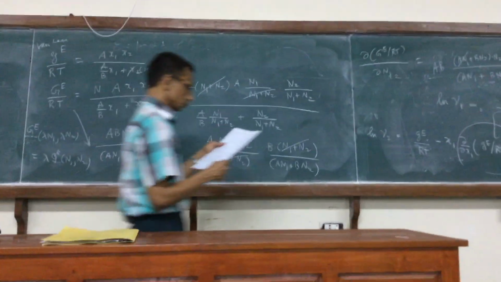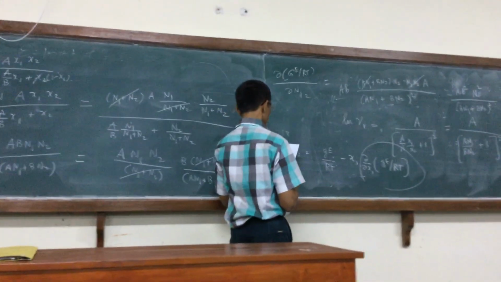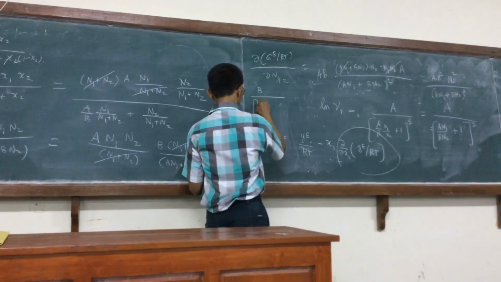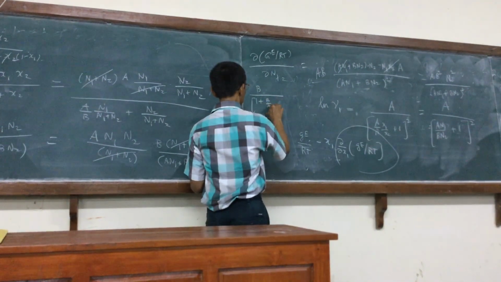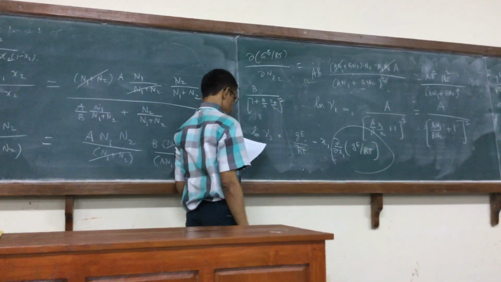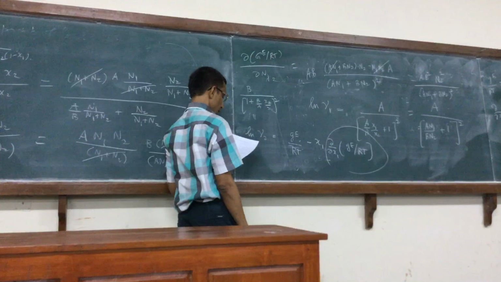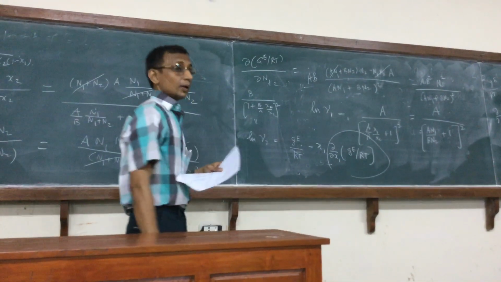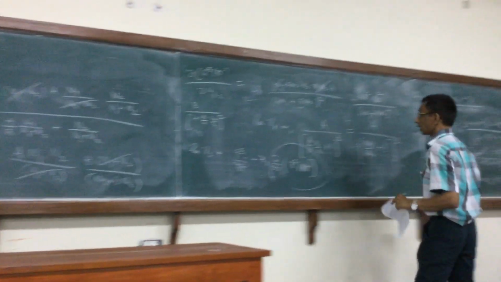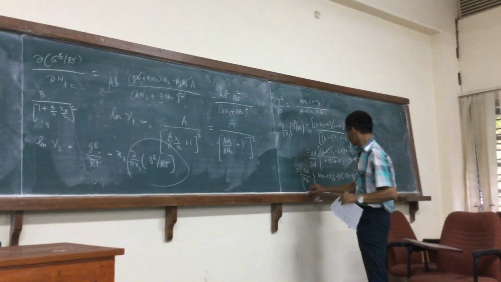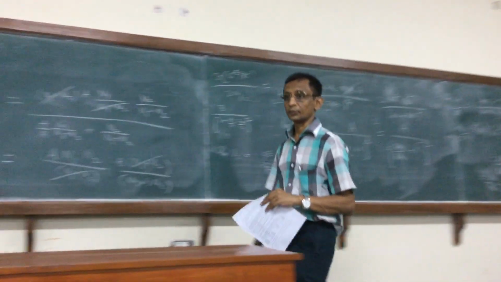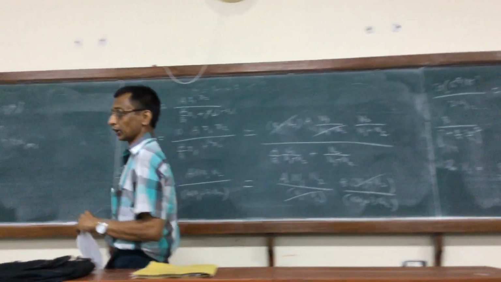So log gamma 2 is given by B divided by 1 plus B over A x2 by x1 whole square. So it looks very similar to this, and you might wonder how this is going to come out of all this. It looks quite complicated there, but it will simplify and you will get that.